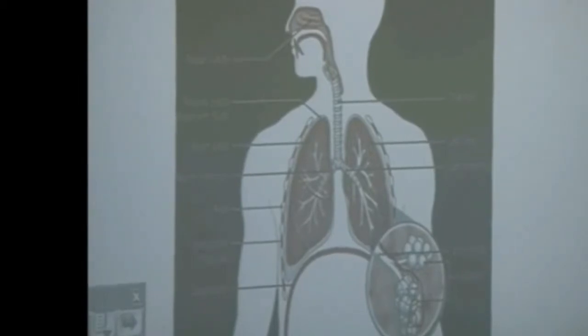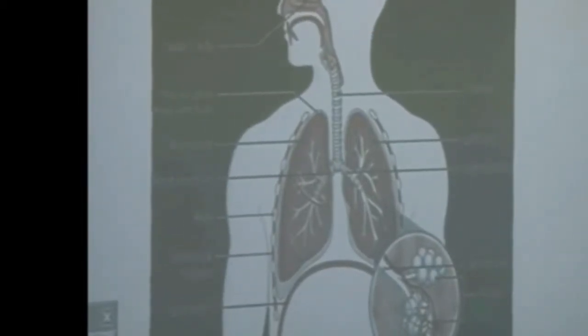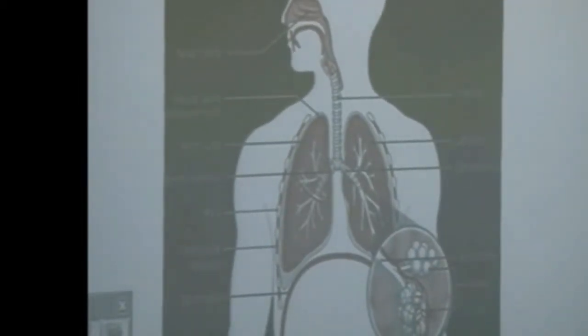Then, from the trachea, it goes into the lungs, where it branches through the bronchioles and all other structures there. But let me quickly remind us the actual exchange of gases takes place in the alveoli. You can see the alveoli there.